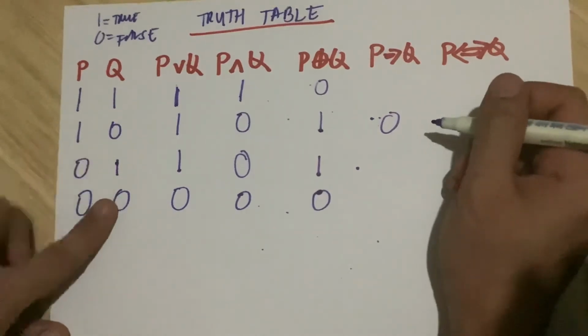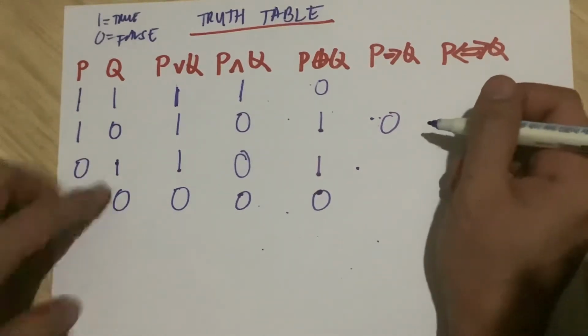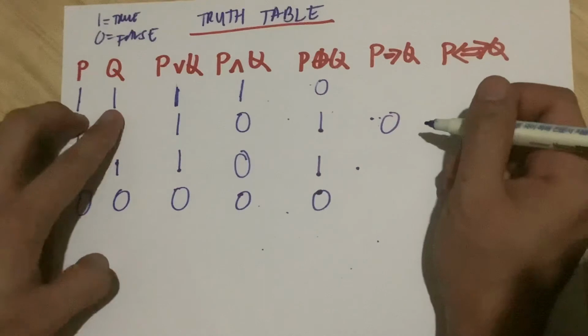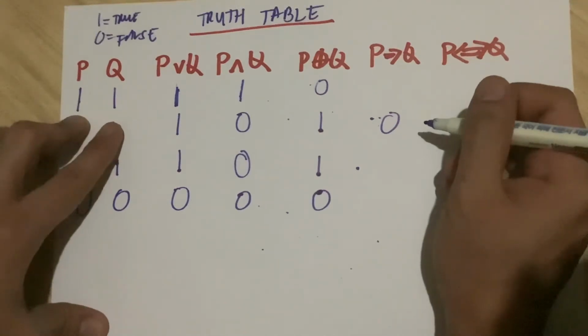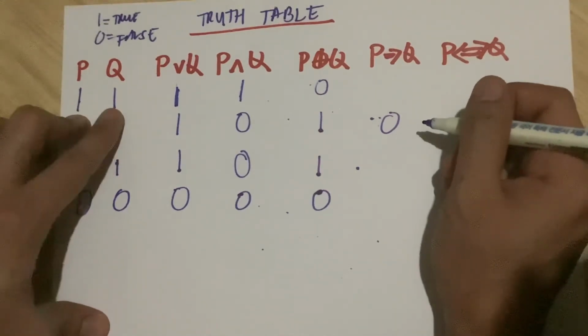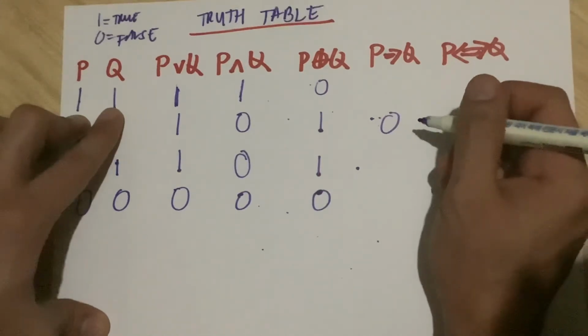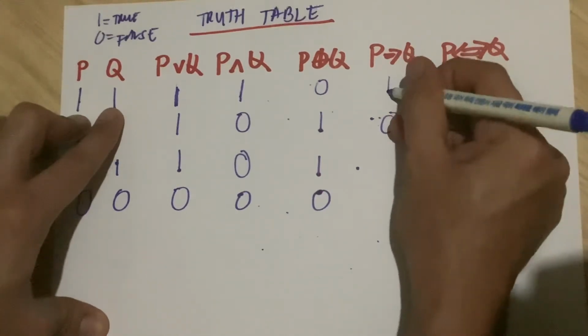Okay? So, let's go with the remaining. If your statement is true and your Q, or the conclusion, is true, it will give you a true.